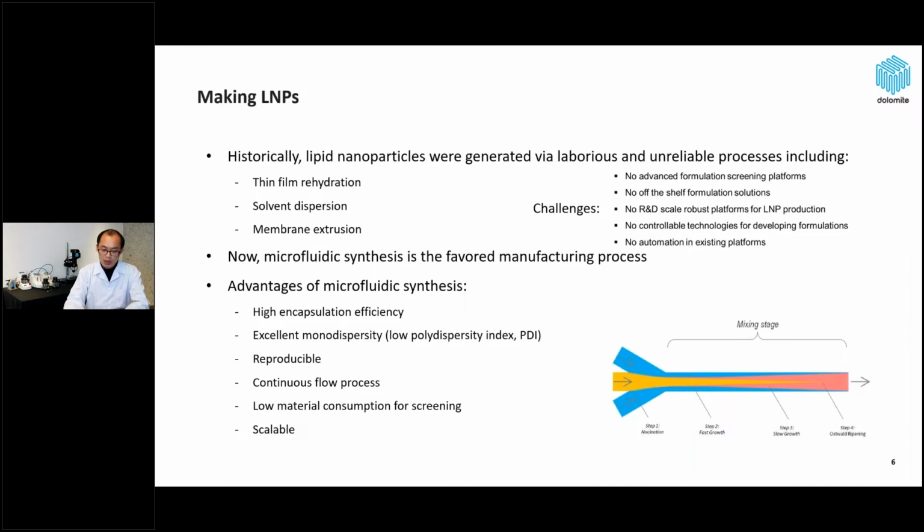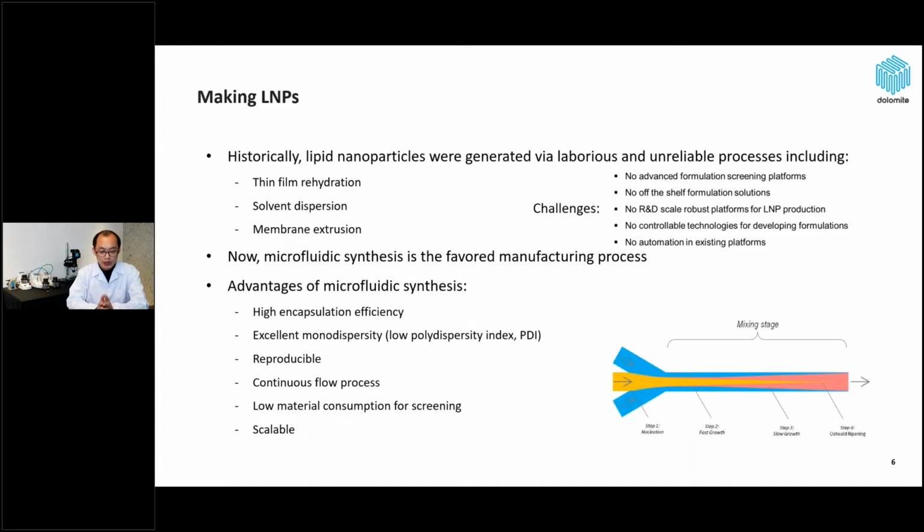These methods have many challenges: there's no advanced formulation screening platform, no off-the-shelf formulation solution, no IND-scale robust platform for lipid nanoparticle production, it's difficult to control the technologies for developing formulations, and there's no existing automation platform.